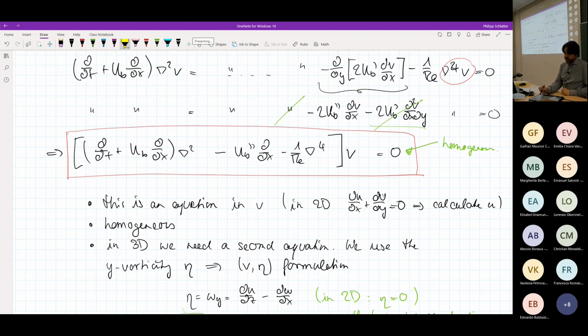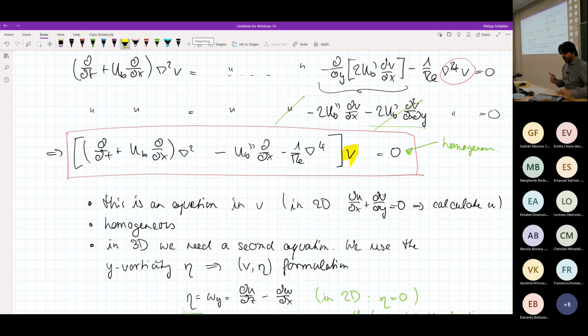We would put in this exponential, so the V hat times e to the whatever, instead of the V here. Then we can do all the derivatives, but because the derivative of an exponential is the same exponential again, times some inner derivatives from the chain rule, in the end each term would have this exponential in it. So you can just divide by it.